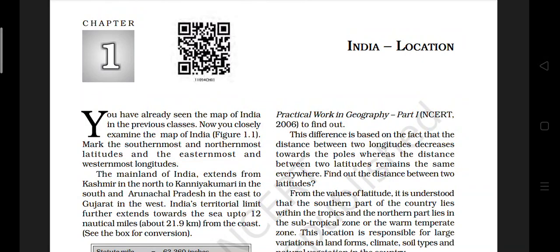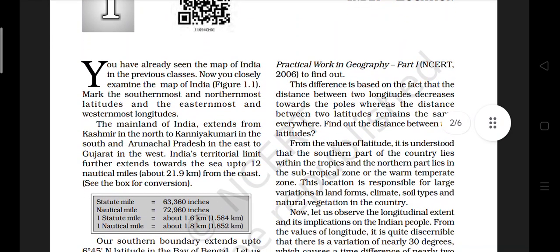India location. You have already seen the map of India in your previous classes. Now examine the map of India closely.